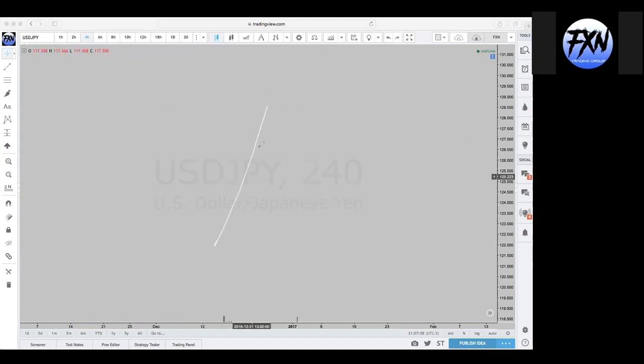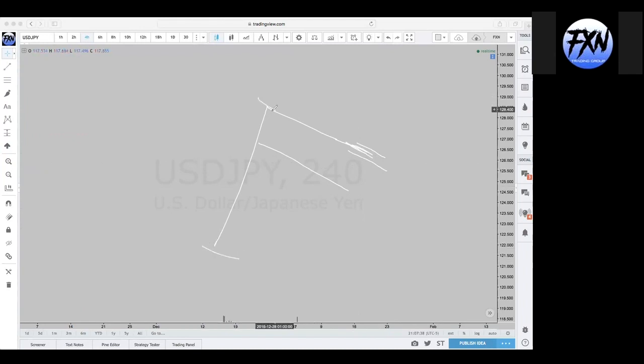On a flag, you're essentially just getting in here. And then your stop loss is going to be below the actual line here. And as far as your take profit, same thing. It's a measured move.